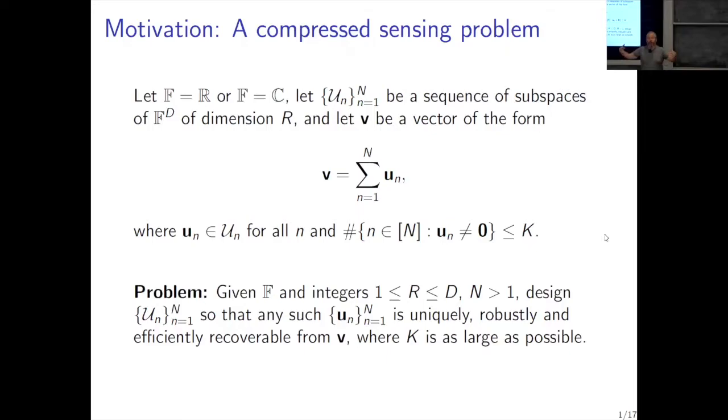I am then going to add them and deliver to you the sum, and then ask, from that, could you work backwards to figure out what the individual vectors in each one of those subspaces are? Can you solve this underdetermined linear system subject to the additional information that your solution is very sparse, that you're not picking vectors from all of the subspaces, but only very few of them? That number is K.